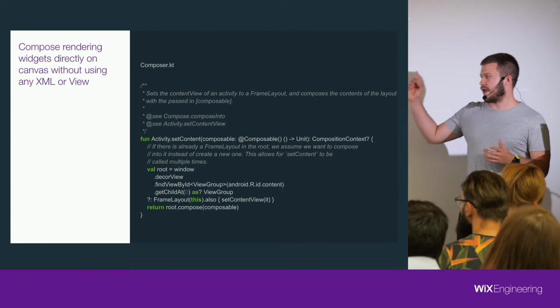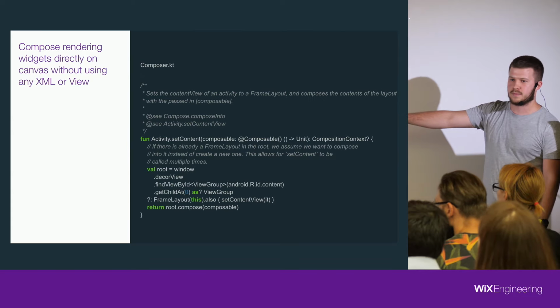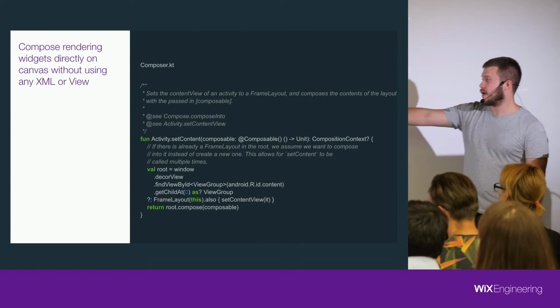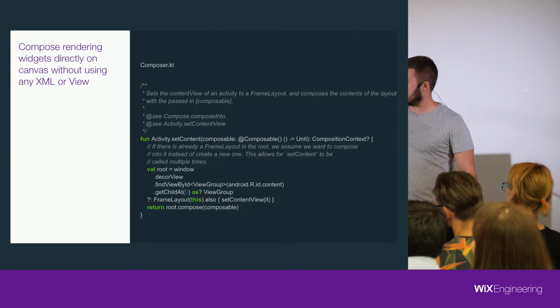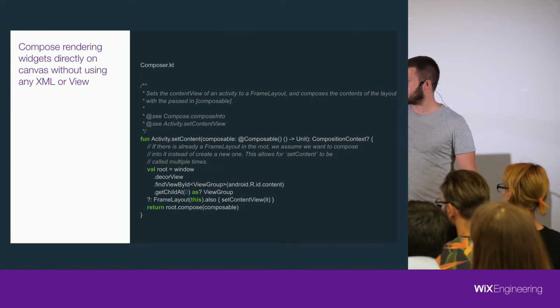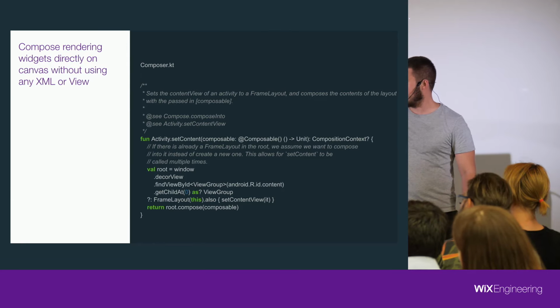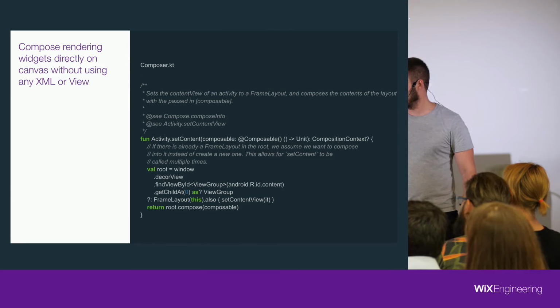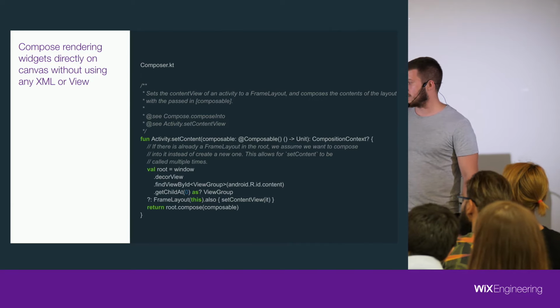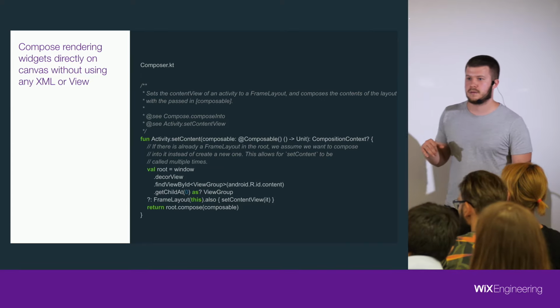As you see, I took this from the source code. They pass a composable function, which is actually your root, and they create a frame layout. They attach your root composable function to the root and call compose.